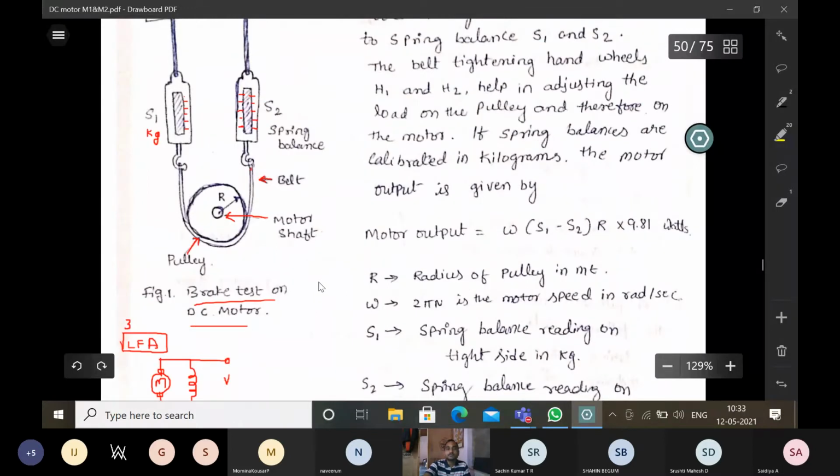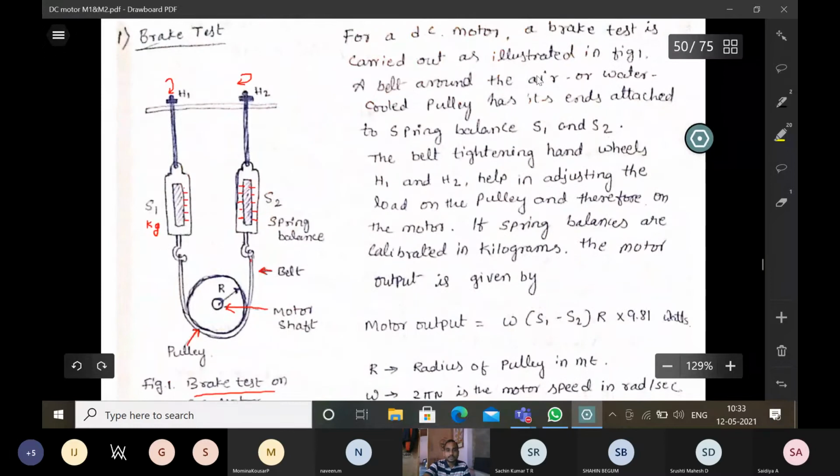For a DC motor, a brake test is carried out as illustrated in this figure: a belt around an air-cooled or water-cooled pulley, with its ends attached to the spring balances. The belt is tightened by hand wheels, H1 and H2, which you can also observe in the laboratory video. With their help, you can adjust the load on the pulley, and therefore on the motor.